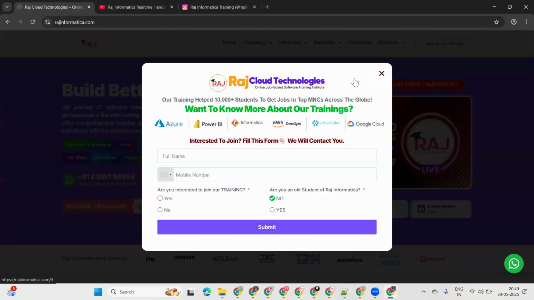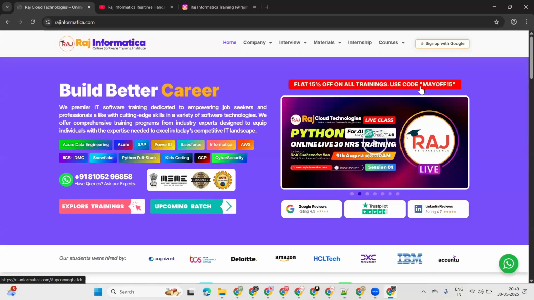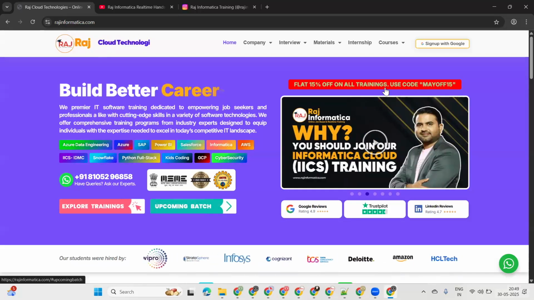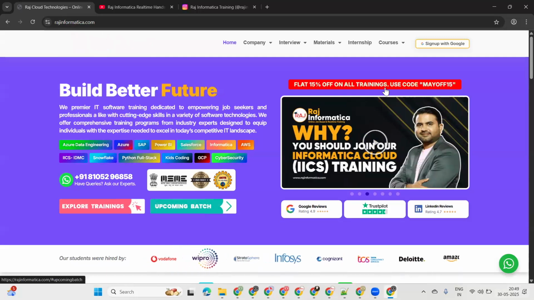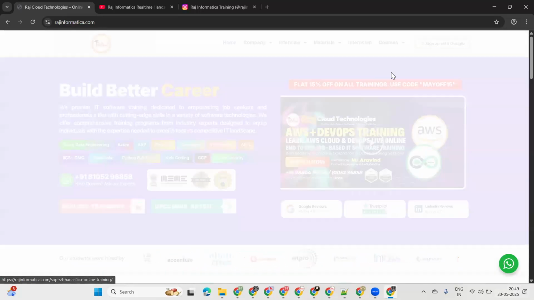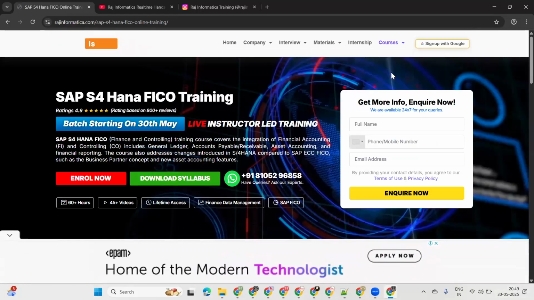There is a flat 15% discount on all our trainings, and this offer ends tomorrow, 31st. So if someone is planning for any courses, on SAP training also, you can complete your registration before tomorrow so that you can get this 15% offer, and you are going to get the 3 months server access also.